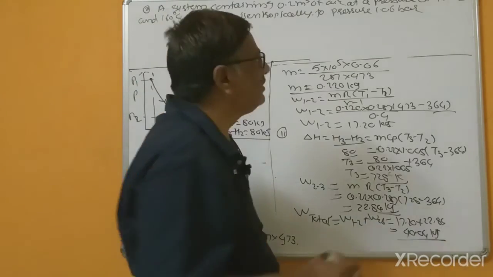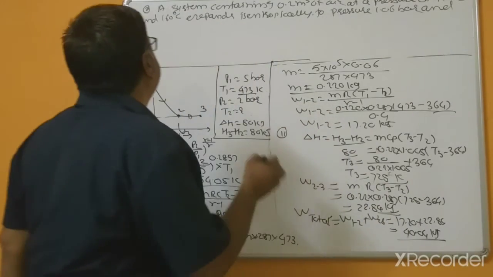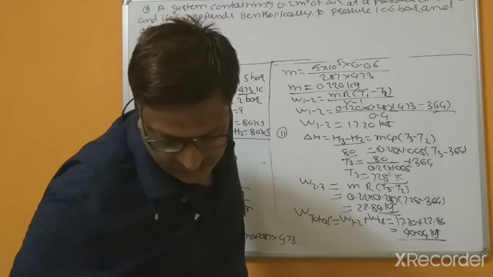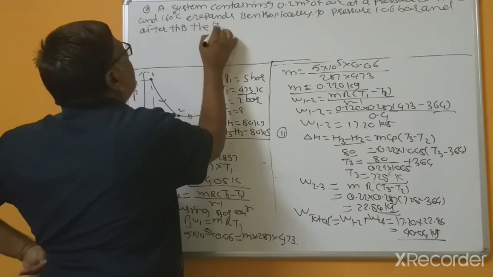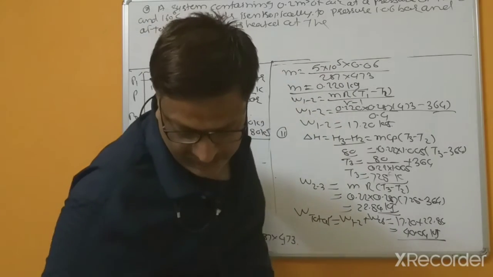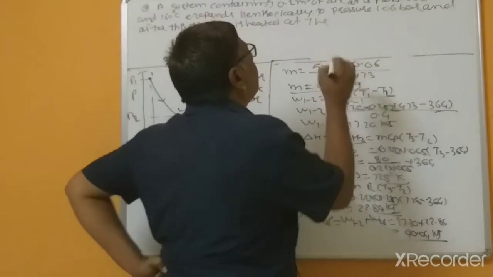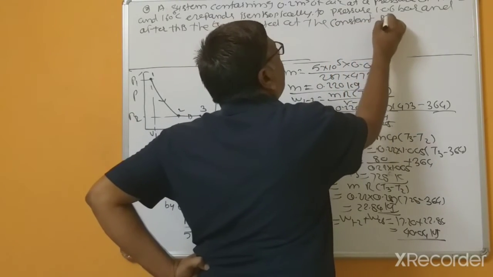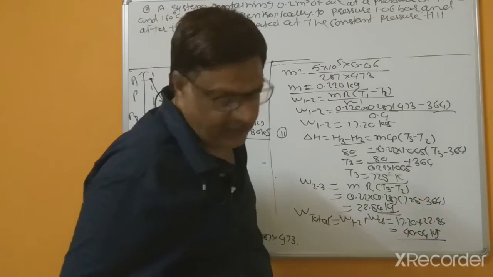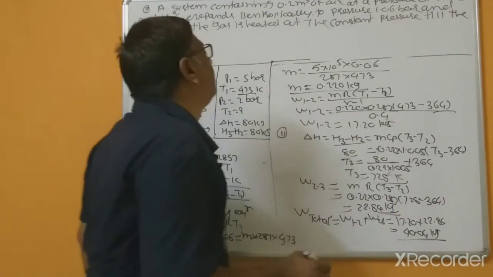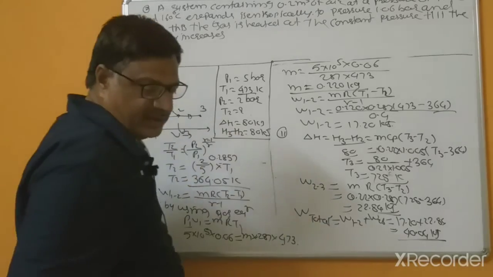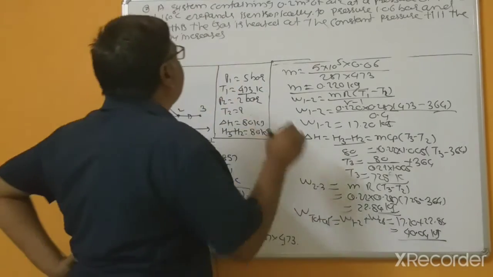and after this the gas is heated at constant pressure till the enthalpy increases by 65 kilojoule.